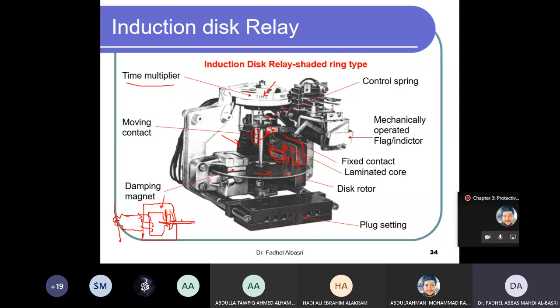While here, I have one plug. A plug is just a piece of bar. If you insert it inside here, you will change the effective number of turns of this winding. You have several taps: one tap here, one tap here, one tap here, and the plug.